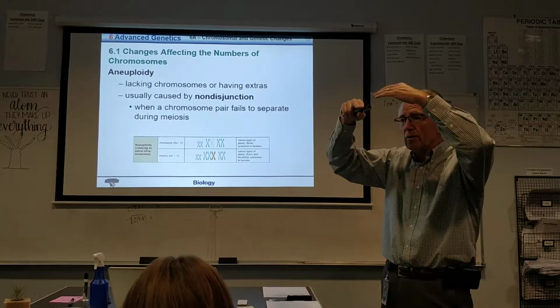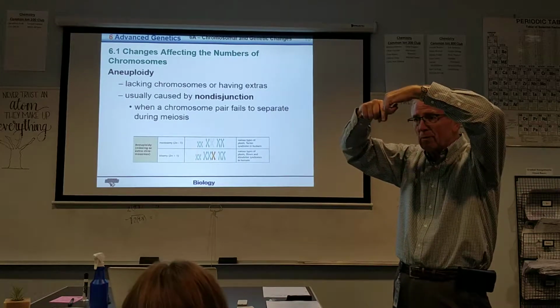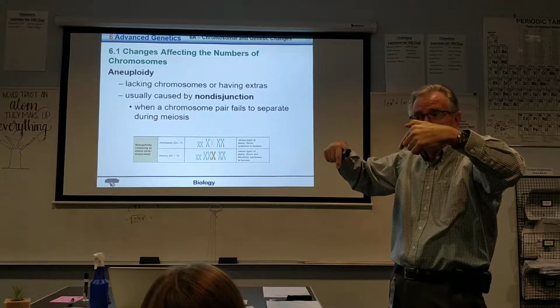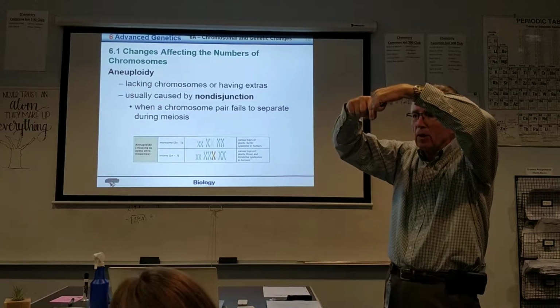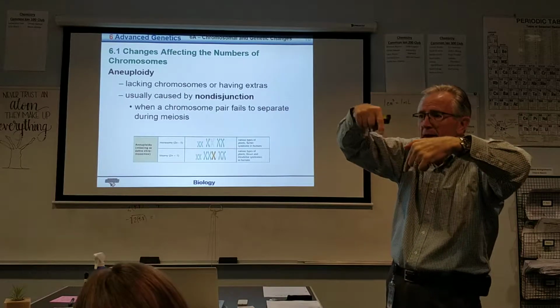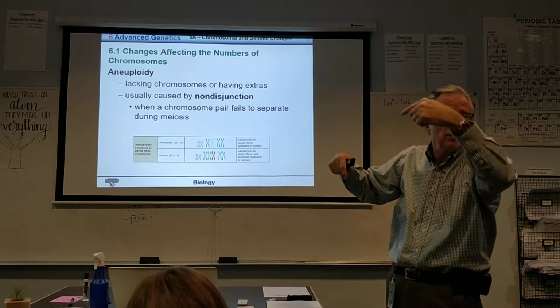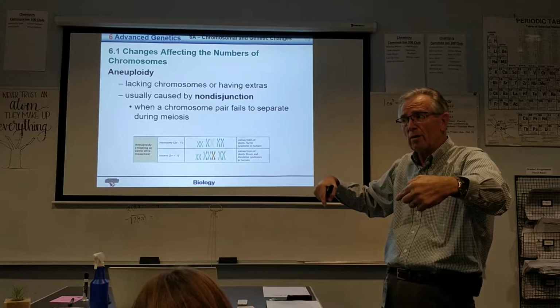So of this one chromosome pair, there are other chromosome pairs, but there's this one chromosome pair, instead of one going this way and one going this way, which we ordinarily would think would happen, in this situation, both of them are going one way and none of those pair are going this way. So this one's going to have an extra chromosome. This one over here is going to be short a chromosome.